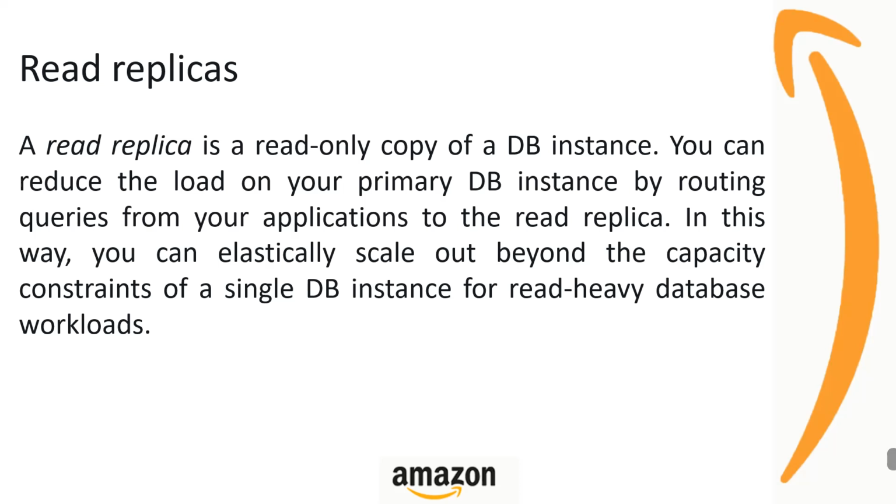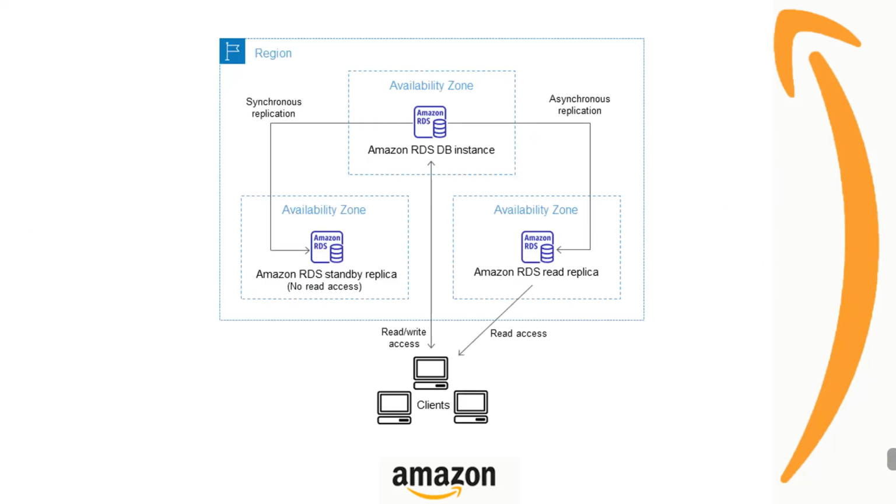You can reduce the load on your primary DB instance by routing queries from your application to the read replica. In this way you can easily scale out beyond the capacity constraint of a single DB instance for read heavy database workloads, right? Go to this diagram and you will understand better.